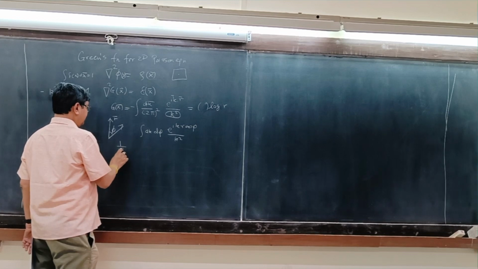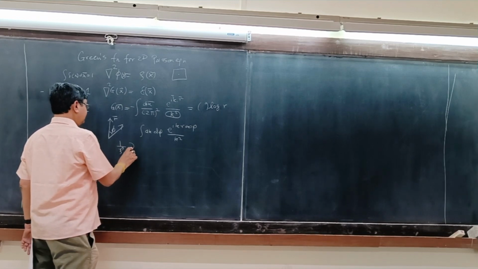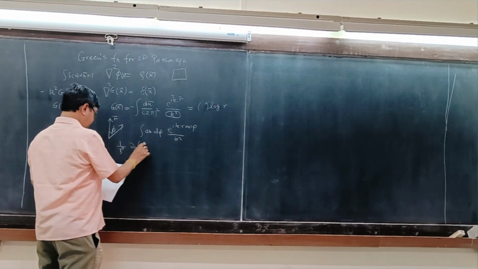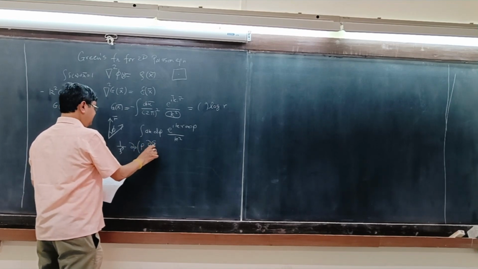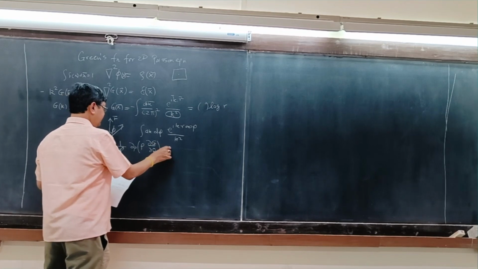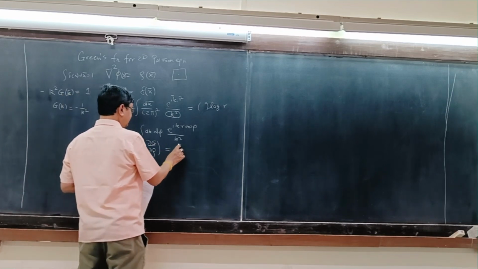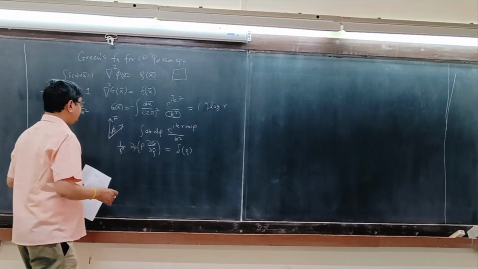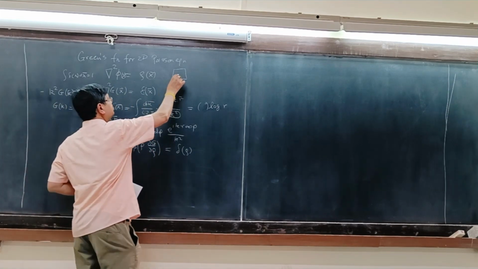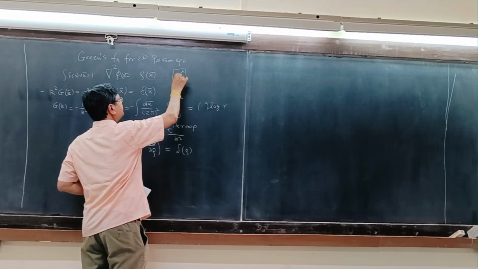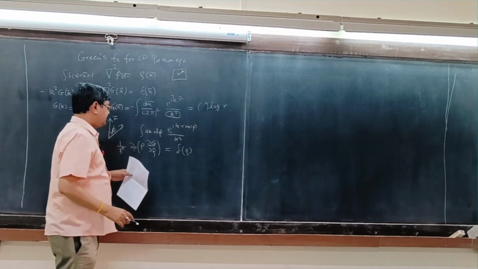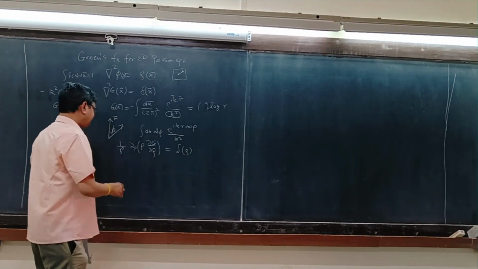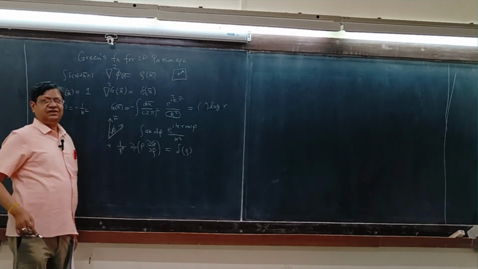It is 1 over rho, d by d rho of rho dg by d rho, equal to the delta function. Rho is a distance. Now, there is another term. This is the radial part.